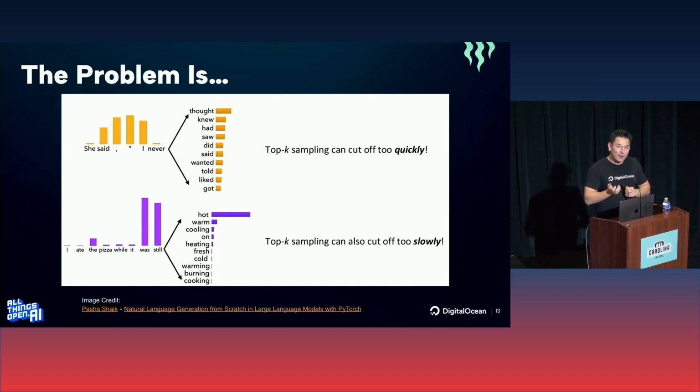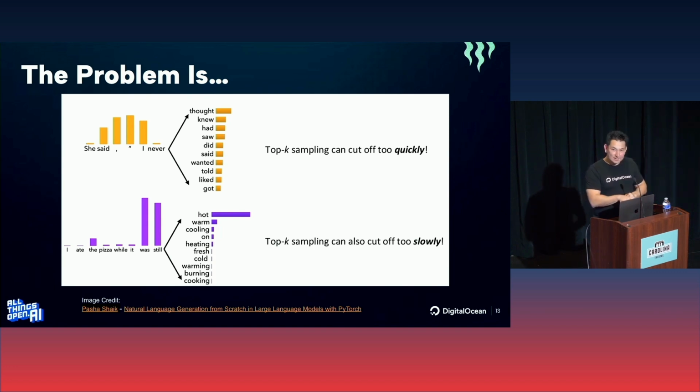The little graph next to each bar is the relative probability of that token being the correct one. The problem with this top graph, as an example for top K, is that it gets cut off way too early, because all of the probabilities for the next token are relatively the same.